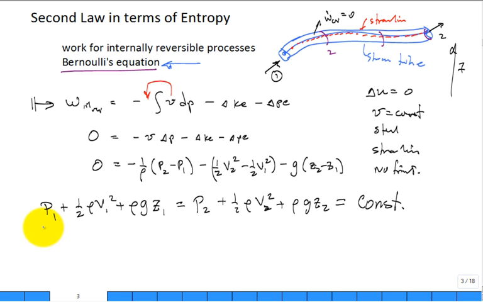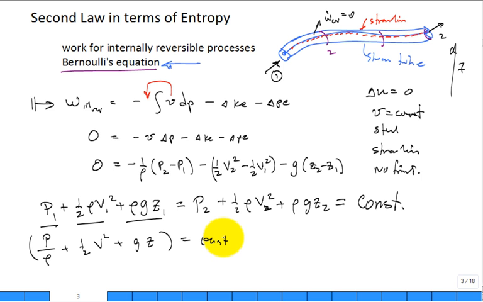And you have the pressure, and you have the 1/2 rho V squared and the rho GZ. Each of these has units of pressure. You can interpret it as energy per unit volume. If you want, you could bring over the density, and you have P over rho plus 1/2 V squared plus GZ equal to a constant, inlet equal to the outlet.